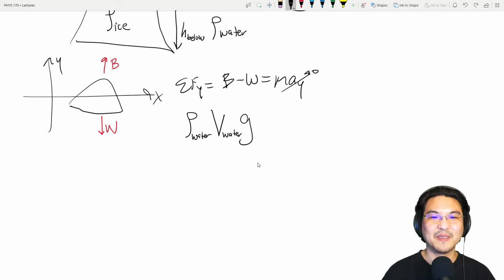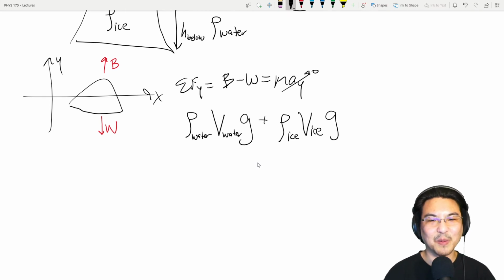And then the weight, mg, but this is for the ice. So this is the mass of the ice, which is density of ice, volume of the ice, g. Oh, sorry, this should be a minus sign. Equals mass times acceleration, which in this example is 0. Now we just need to know the volume of the water and the volume of the ice.